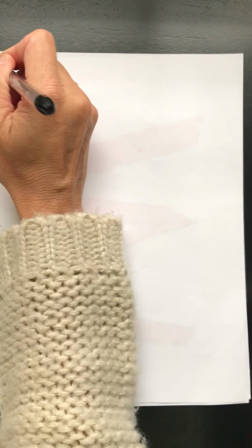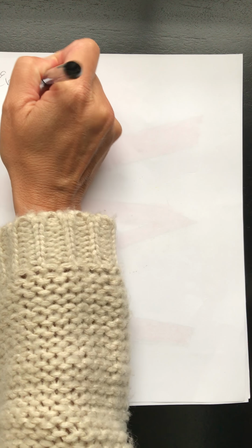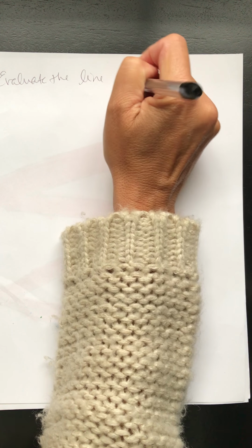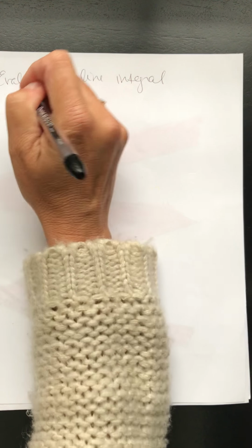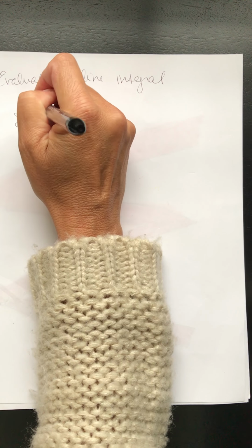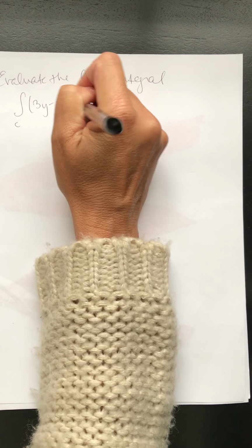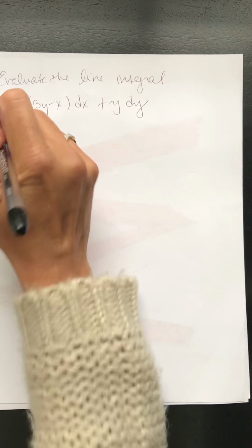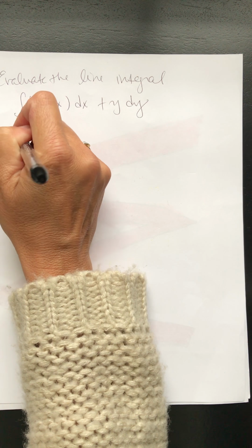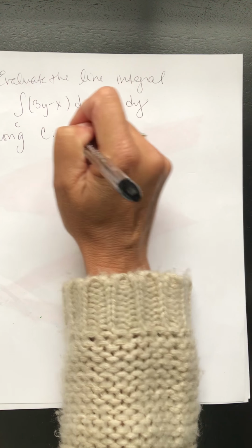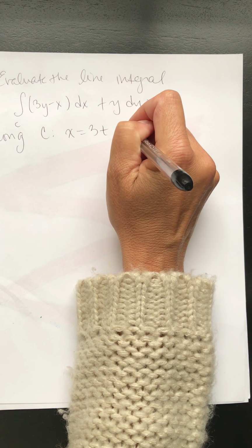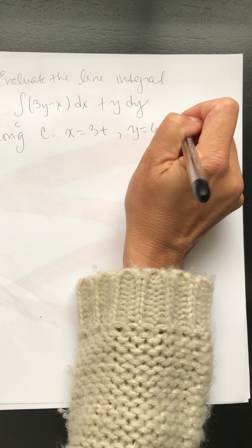So if I want to evaluate the line integral, let's do 3y minus x dx plus y dy, and I have to have a curve. So let's say C is given by x equals 3t, y equals 6t plus 1.